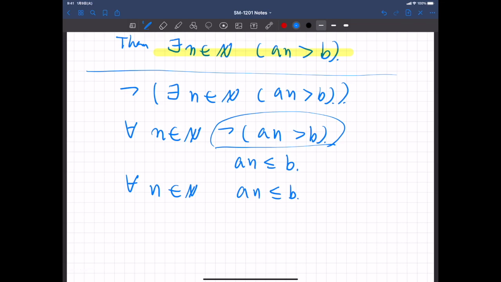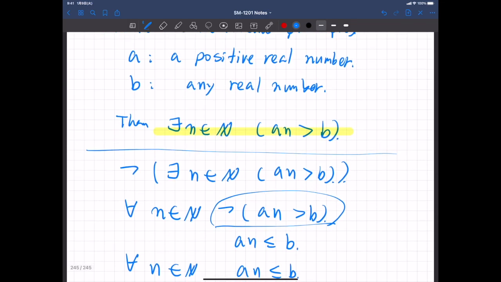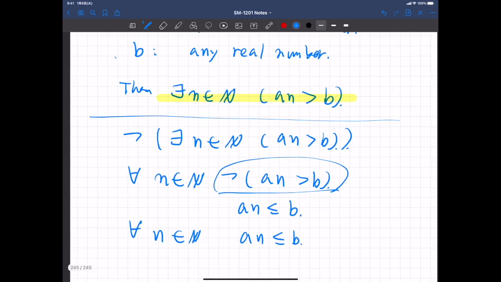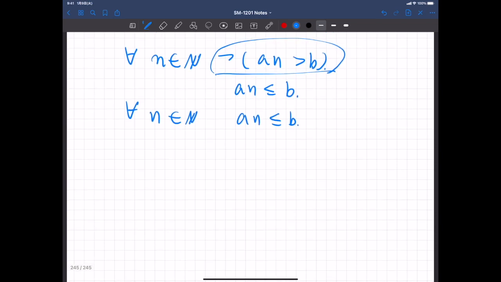Okay, so a is a positive real number and b is any real number. Suppose for all natural numbers we have an is less than or equal to b.